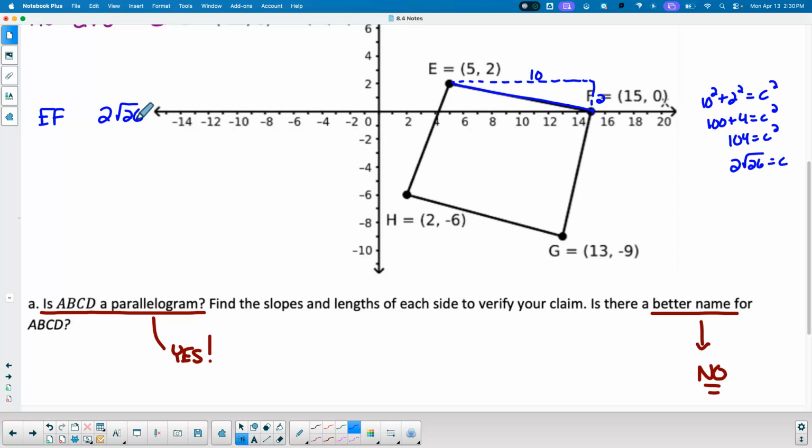And a slope of negative 1/5. For that one.